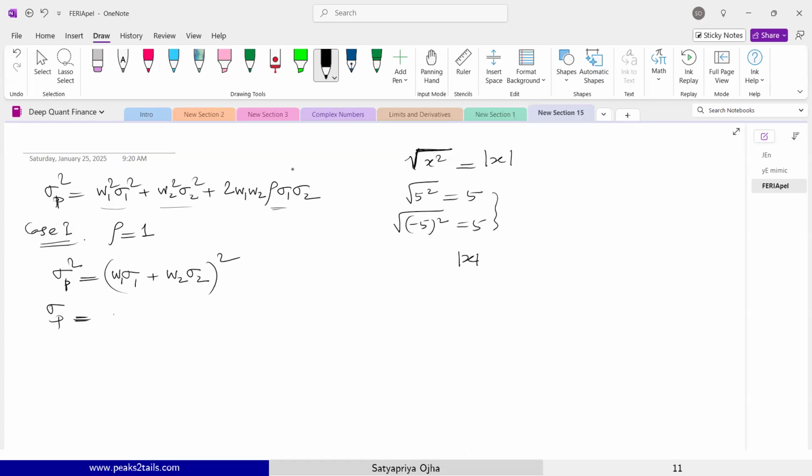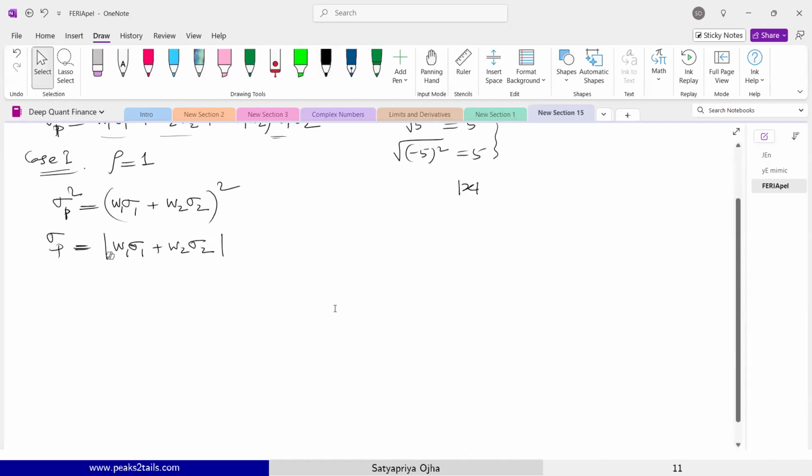Sigma p is mod of W1 sigma 1 plus W2 sigma 2. This is important because when you take short positions, if you're not putting absolute value, it might happen that the whole quantity becomes negative and you report portfolio volatility as -20%, which is ridiculous. Always remember, square root of square is the absolute value of that entity.